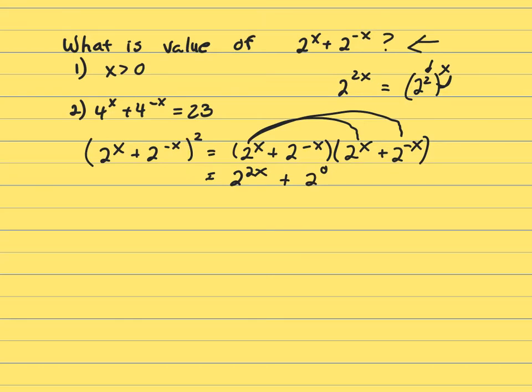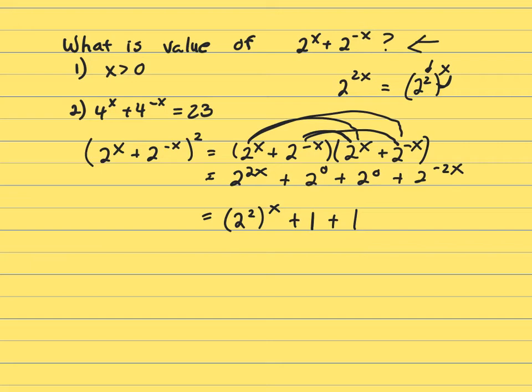And now let's multiply these. And that's going to give me positive 2 to the 0. And then we need to do this multiplication. That's going to be 2 to the negative x. So this is 2 squared to the x. 2 to the 0 is 1. Anything to the 0 power is 1. Plus 1.